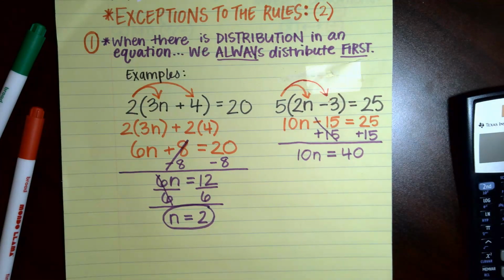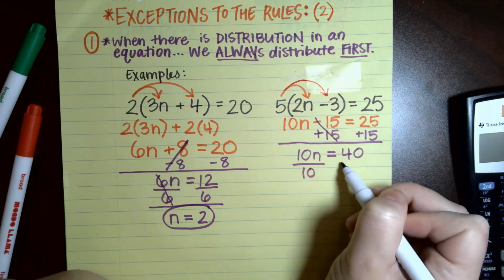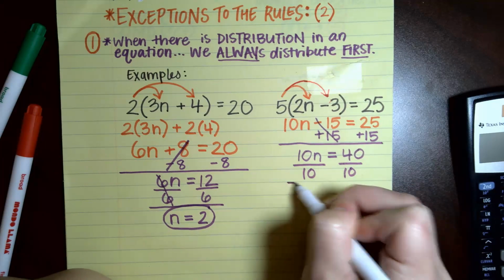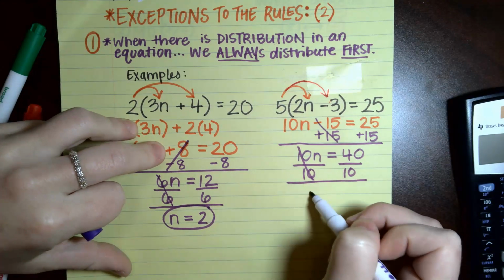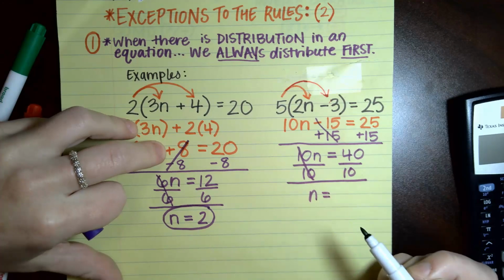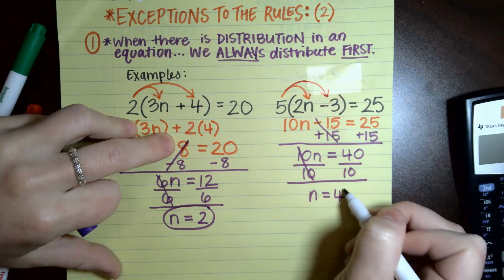Good. Now we can do what you were saying, Jenny. Now we can divide by 10 on both sides. My 10s will cancel. N equals, what is 40 divided by 10? 4. Good job, guys.